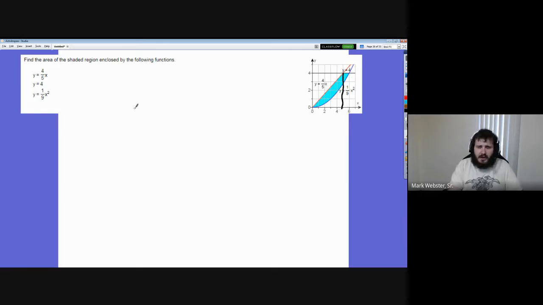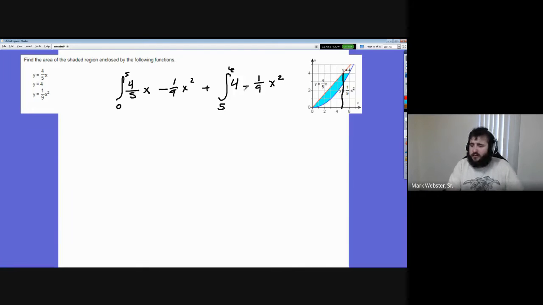So you could, if you wanted to, make 2 separate integrals from 0 to 5 of top minus bottom, plus from 5 to 6 of top minus bottom. And you're going to get the same answer if you do it the other way.